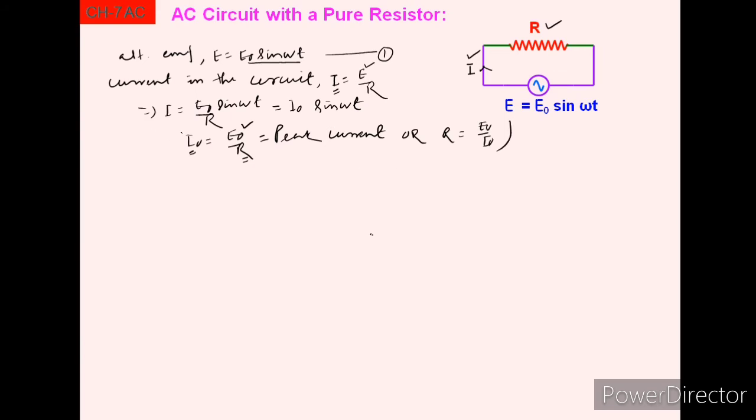Okay, let's represent this I is equal to I naught sin omega t by equation 2.